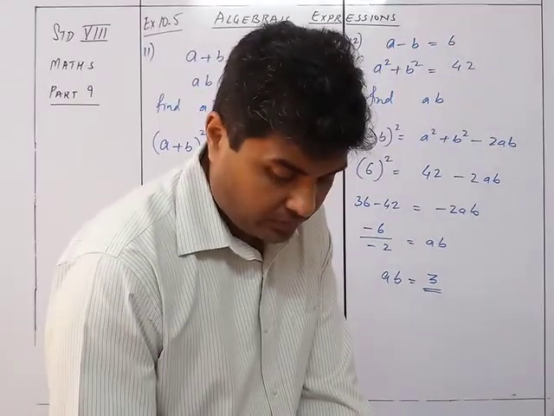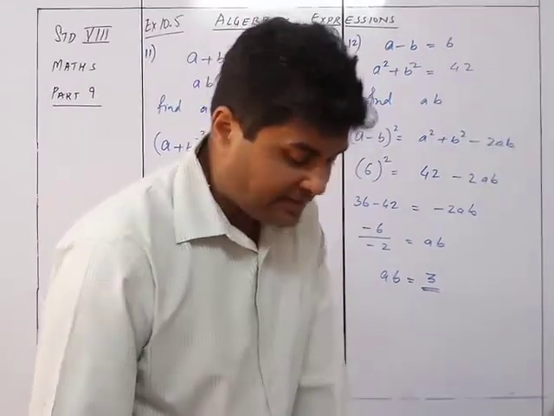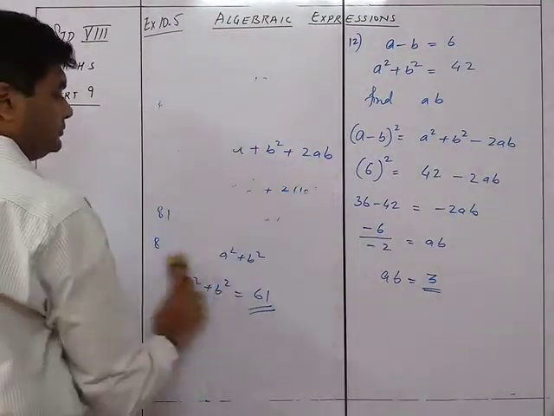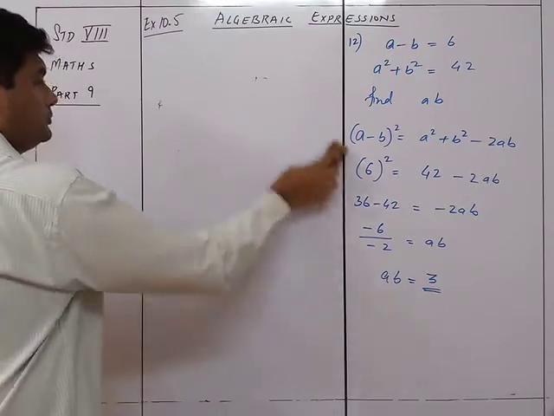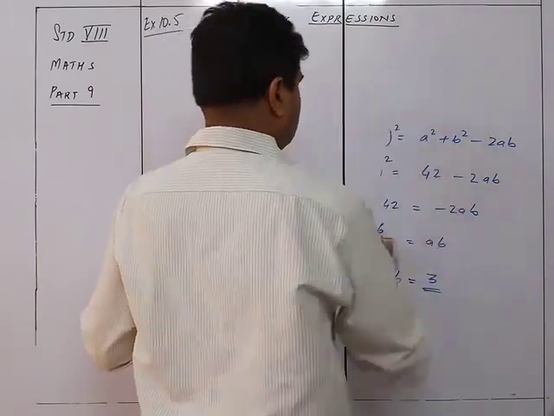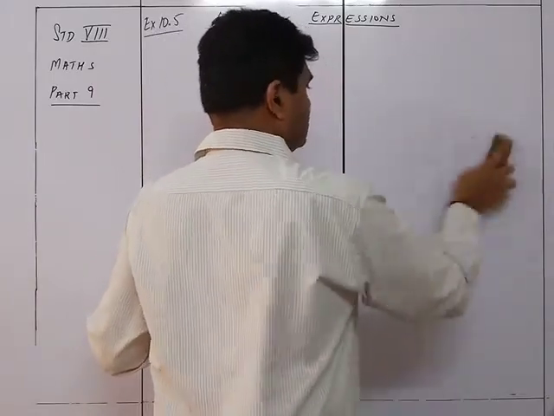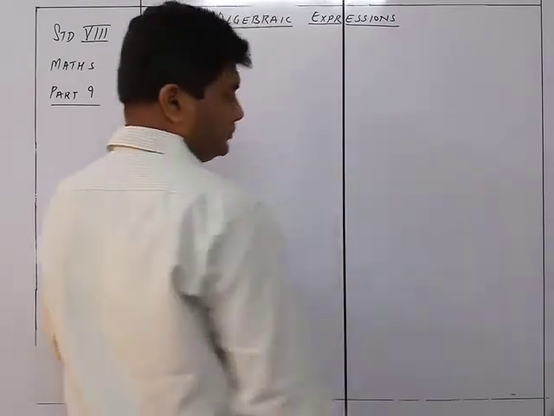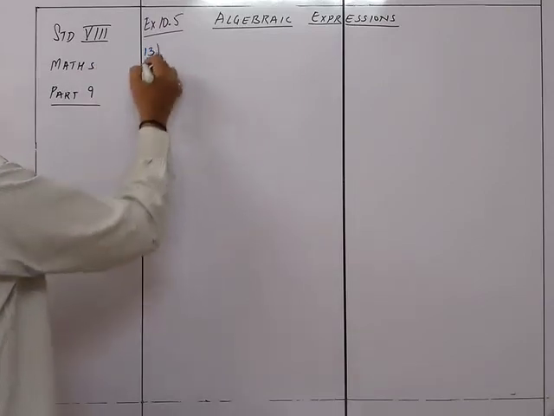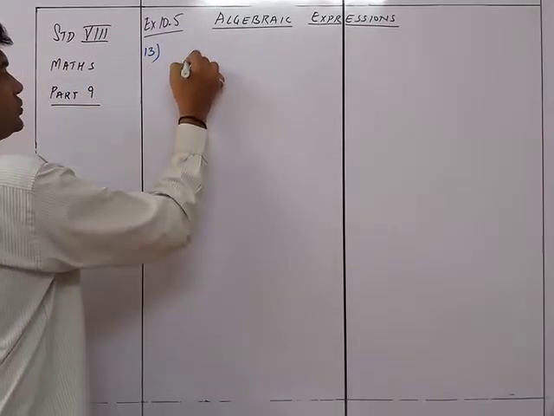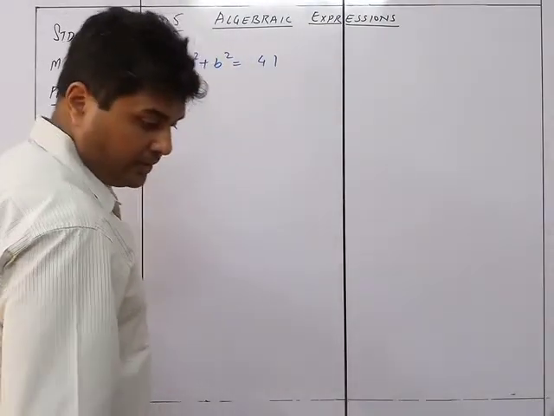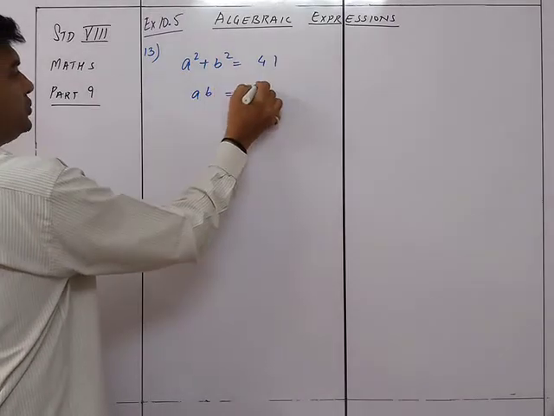Answer 3. We take the last sum, that is sum 13. Sum number 13. They are given that a square plus b square is equal to 41 and ab is equal to 4.